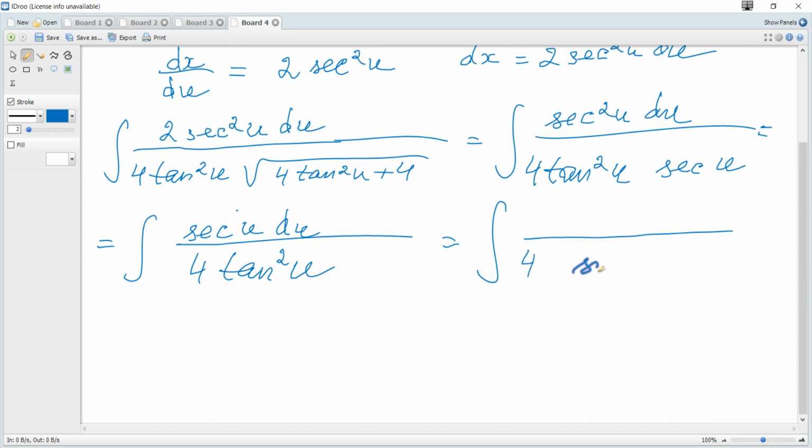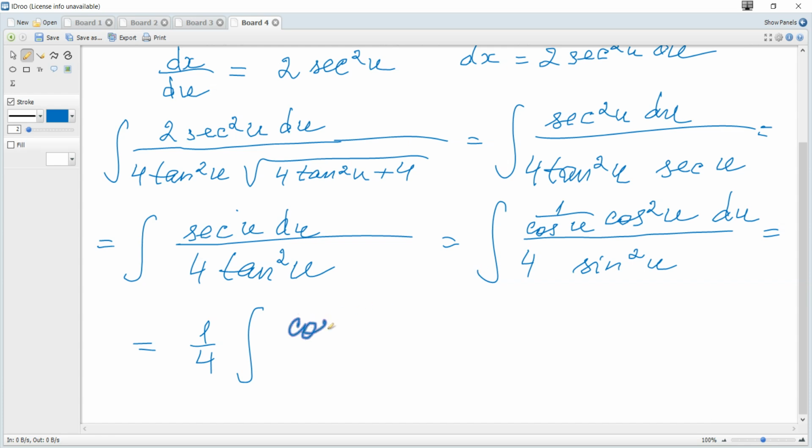So it becomes sine squared over cosine squared, and secant is 1 over cosine, and hence it becomes 1 over 4 cosine of u over sine squared.